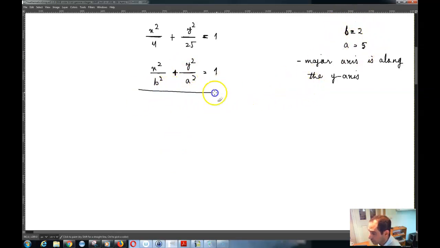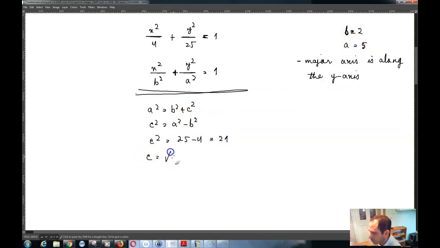I can write a squared is equal to b squared plus c squared. That means that c squared is equal to a squared minus b squared, which is 25 minus 4, which is equal to 21. So c is equal to the square root of 21.